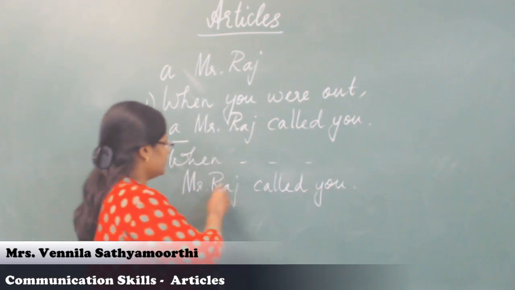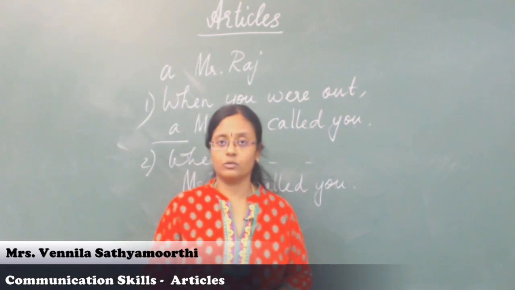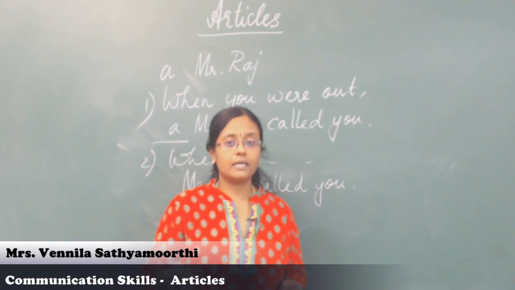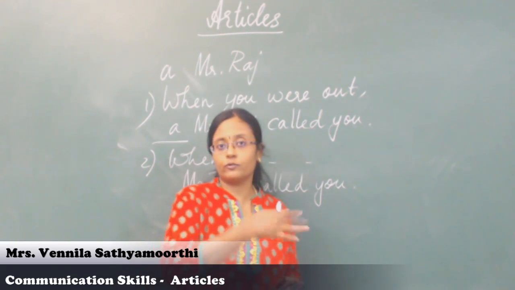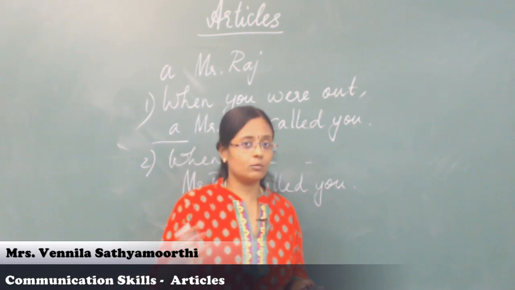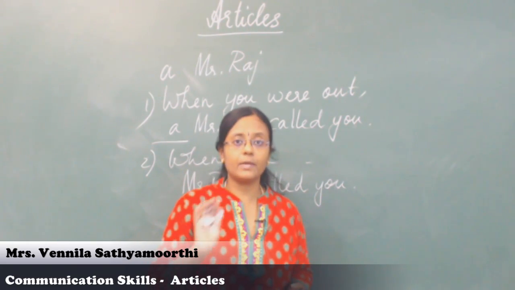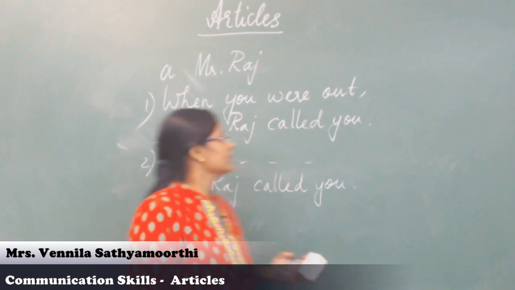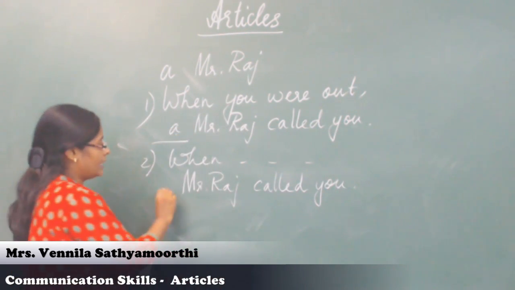But the second one, when you were out, Mr. Raj called you, definitely means you already know the person called Mr. Raj. You have either heard of him through your friend or met him in person, but he is not a new person, not a strange person, not a name that you hear for the first time. That's the difference between these two sentences with the article a and without.